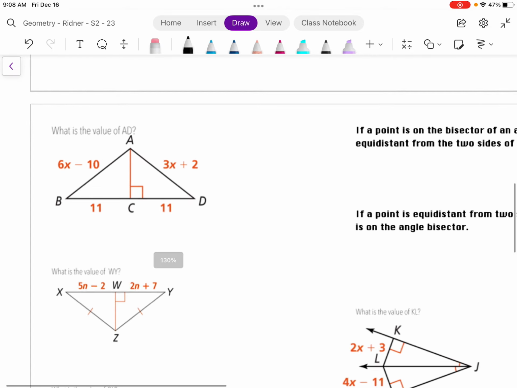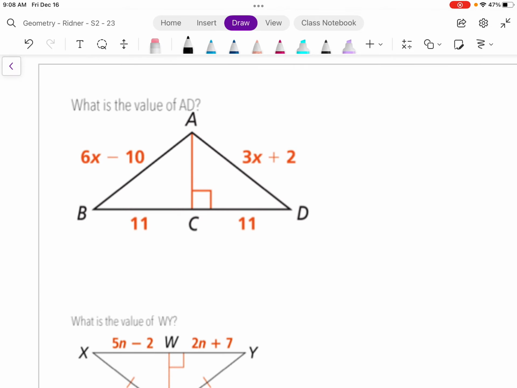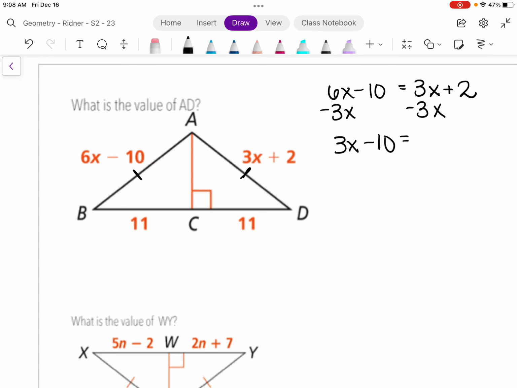Let's look at just some examples with solving with x. So remember the theorem says that this must be equal to this. So 6x minus 10 equals 3x plus 2. We're going to combine our x terms by doing the inverse. We're then going to combine our constants by adding 10.